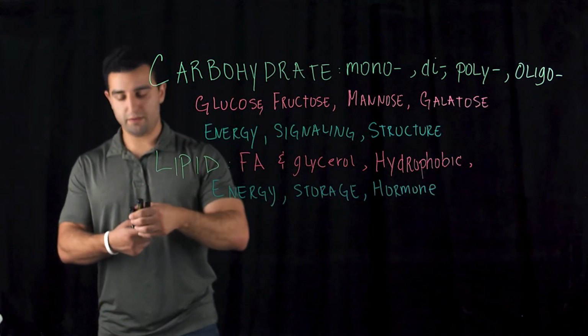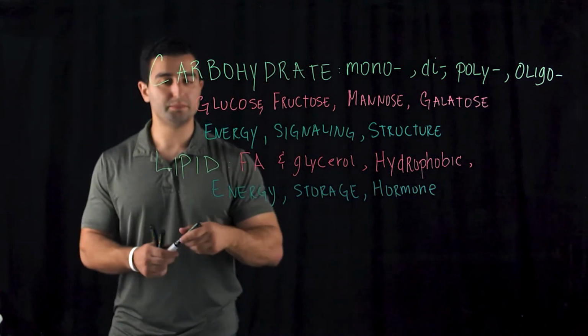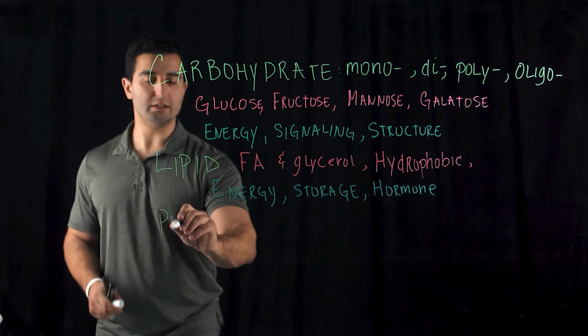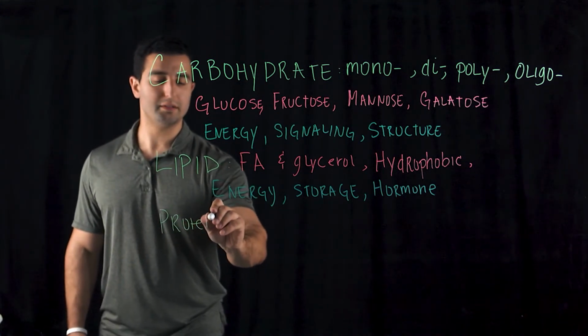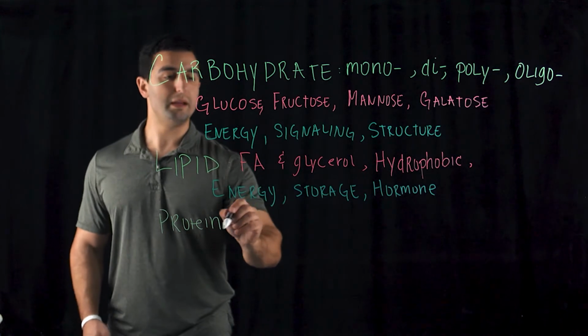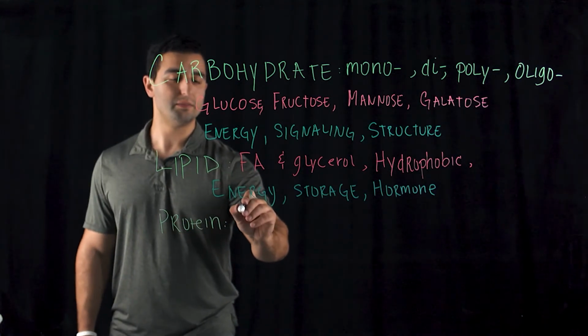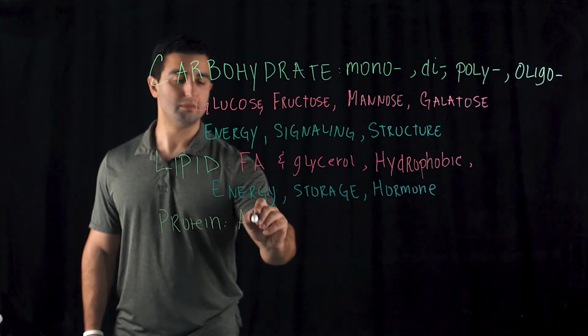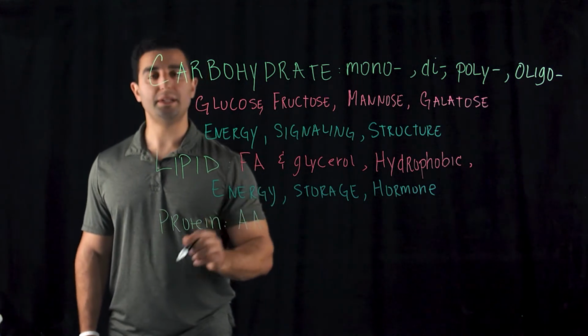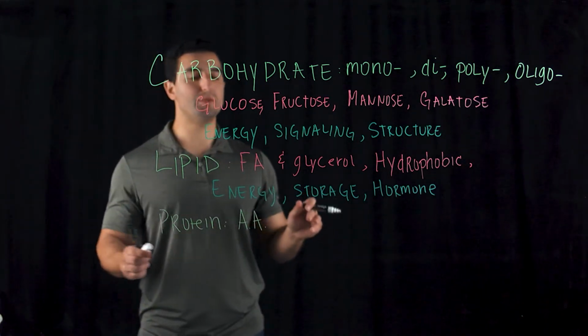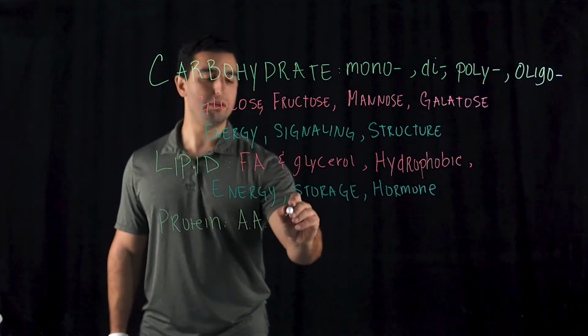Next, we have our proteins. Our proteins are made up of what? They are made up of amino acids via peptide bonds. We have about 20 amino acids.